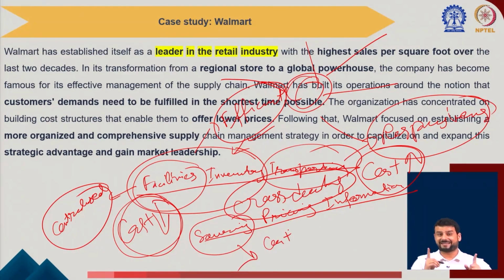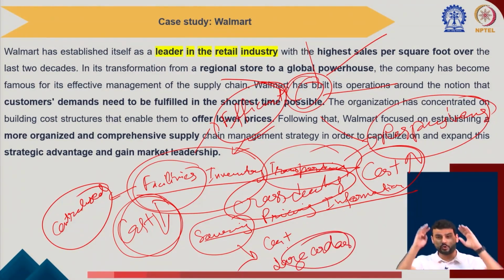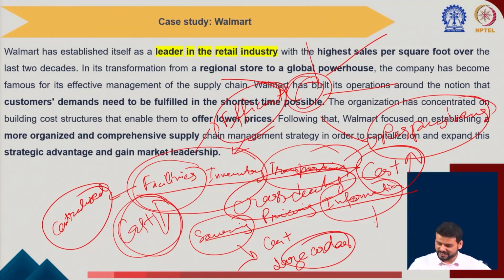Again they are targeting the efficiency side, and they are placing very, very large orders with their raw material suppliers, negotiating heavily on price, so they are lowering the cost. Then pricing I will talk about later. Information, again they are very, very responsive.